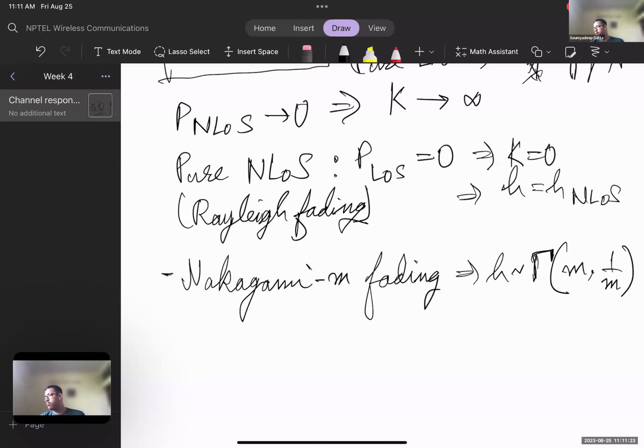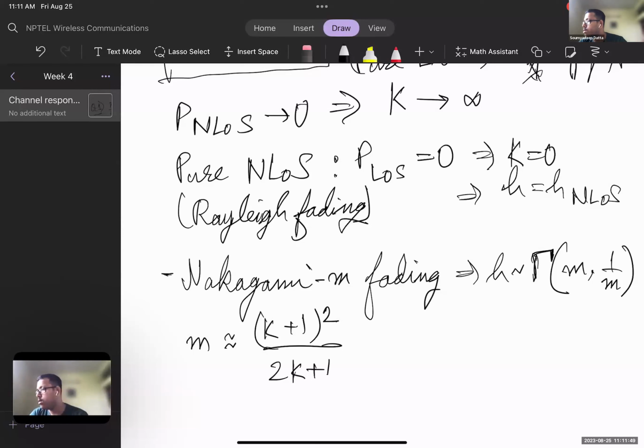So m here is an integer typically, and there is a rough empirical relation: m is approximately equal to (K plus 1) whole squared divided by (2K+1). So this is the Rician K factor, and this is the relation between Rician and Nakagami m.